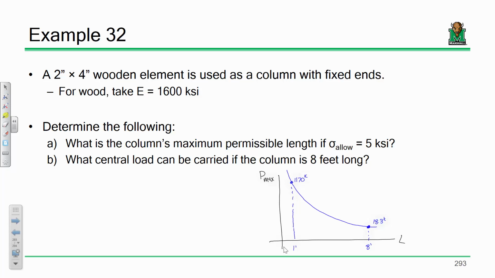But there is a point where you have to say, you know what? All this doesn't matter because it needs to be cut off at 40 kips. That makes sense? So a very common, simple column curve looks like this: this is P critical and this is P allowable.